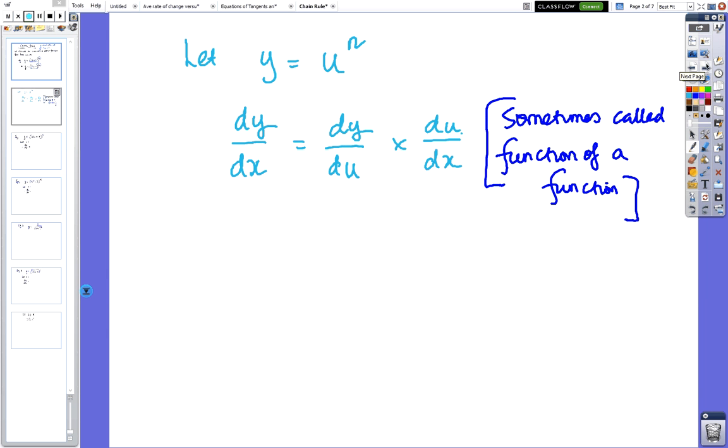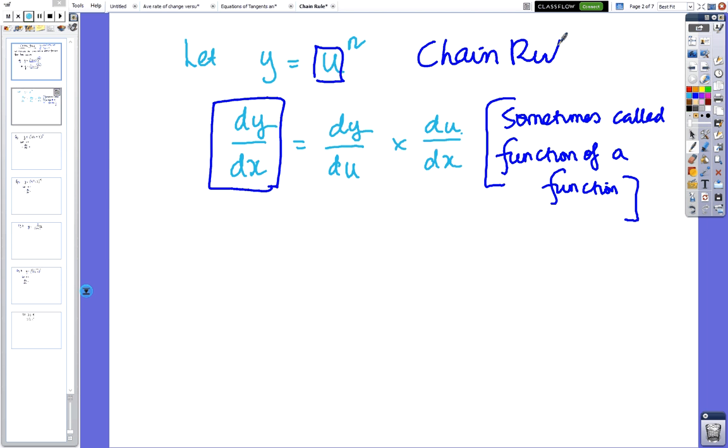Okay, so we've got the derivative, which is still dy dx. What we're going to do is introduce a new letter, and they use the letter u. It's called the chain rule, and it's sometimes called function of a function.